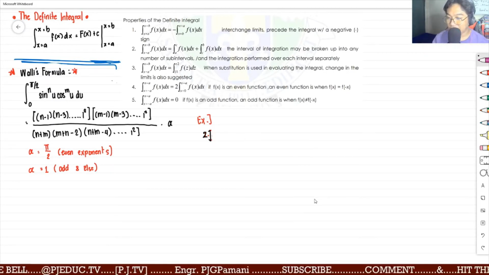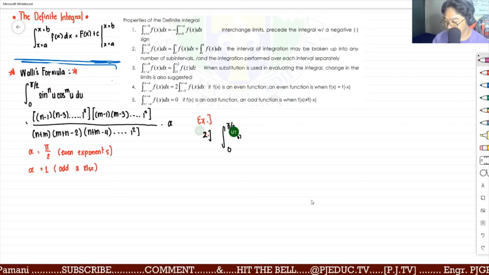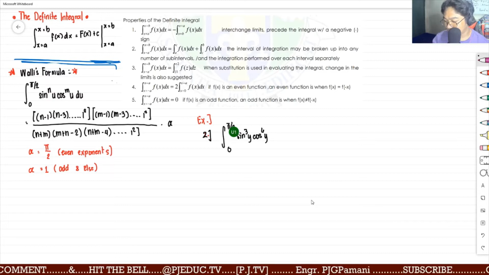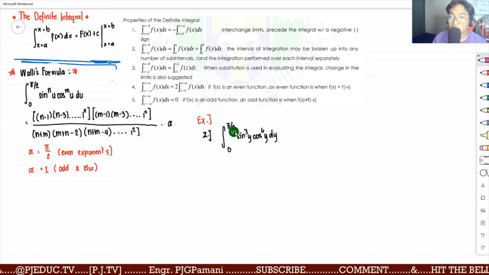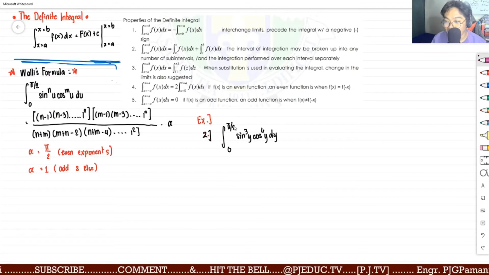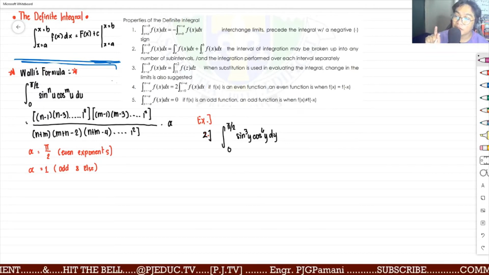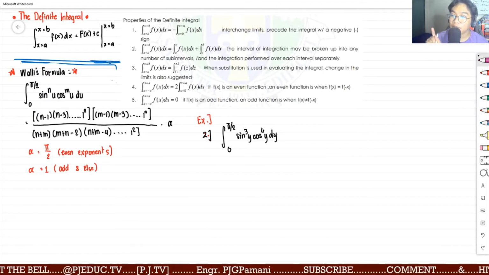How about if you're asked to evaluate the definite integral of the product of sine cube y times cosine raised to 6y dy. Notice one of the exponents of these two trigonometric terms is even and the other one is odd. Remember, if it is all an even exponent, our multiplier alpha is always pi over 2.